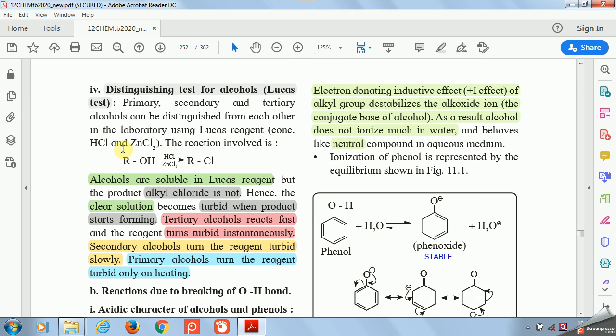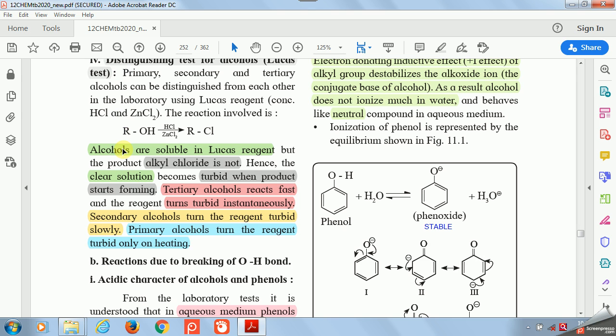So if you observe the reactions of these alcohols with Lucas reagent, alcohols are soluble in Lucas reagent, but the product alkyl halide, here chloride, is not. So if we observe a clear solution, then it is alcohol, and if it turns turbid, that indicates the formation of alkyl chloride, which is the product.